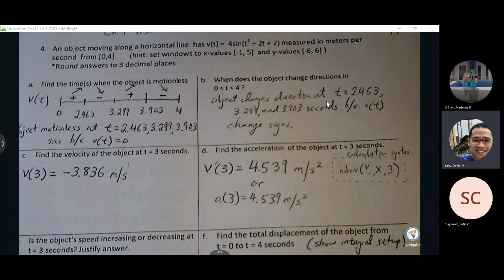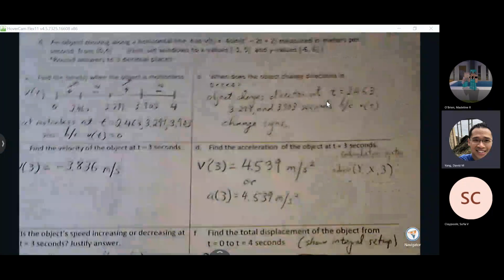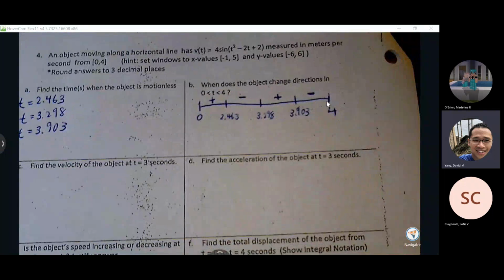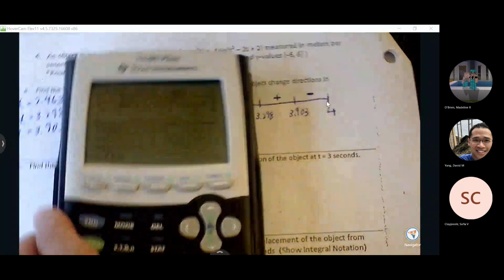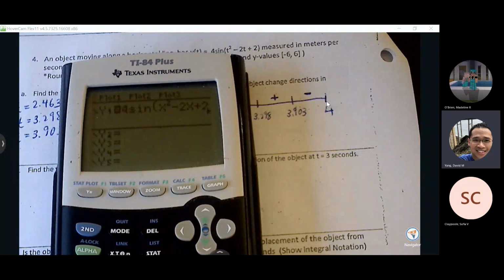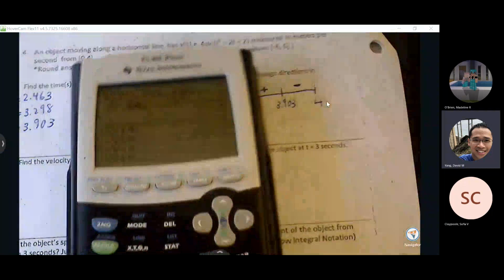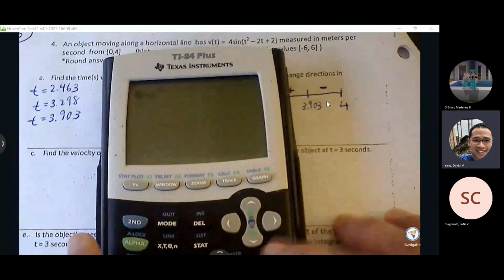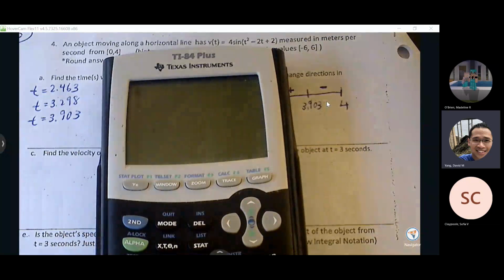Okay, so now part C, find the velocity of the object at t equals 3 seconds. Well, we can just plug 3 directly into the velocity function. You have your velocity function sitting there, so you can type in 3 one by one into the variable, or you can call the function and just make the calculator plug in for you.